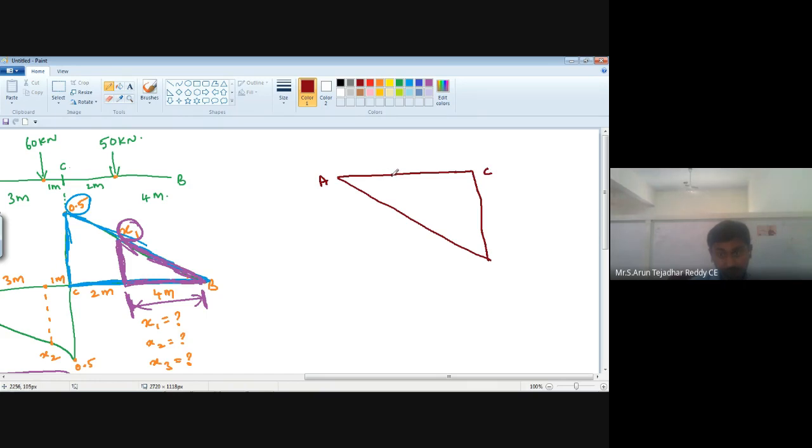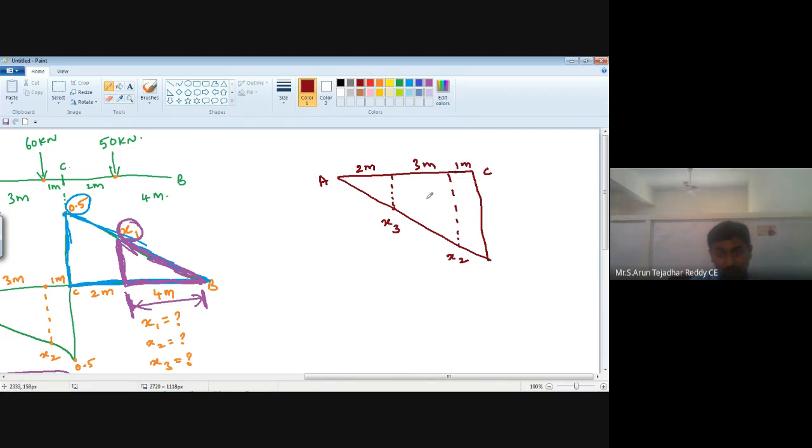Here we have one ordinate, and here we have the other ordinate. It is x2 and it is x3. Now this span is 2 meter, here it is 3 meter, and here it is 1 meter.